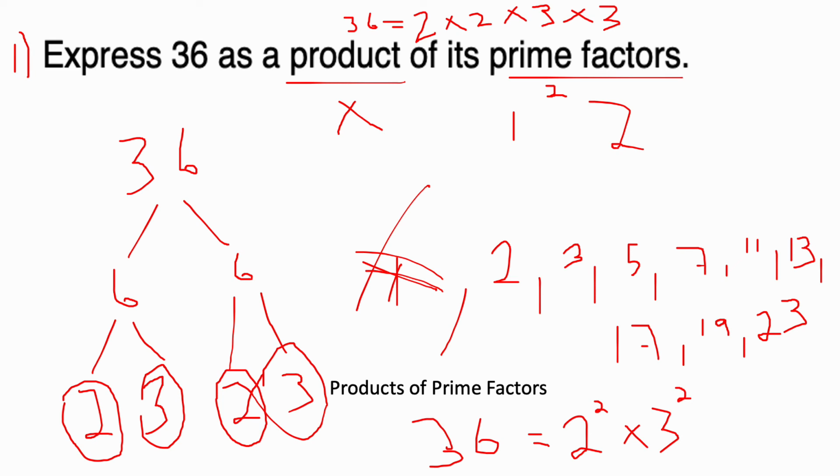The second mark is knowing your rules of powers and writing it as an index, because 2 to the power of 2 means 2 squared, which means 2 times 2, and 3 squared just means 3 times 3. You can always check your answer: 2 squared is 4, 3 squared is 9, 4 times 9 is 36, and that confirms my answer.